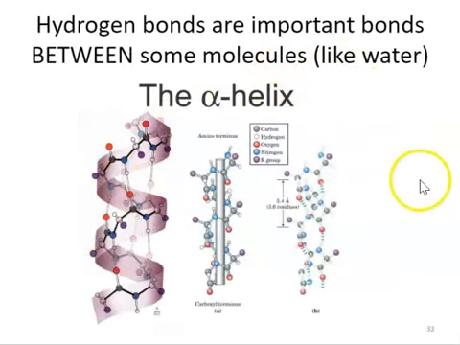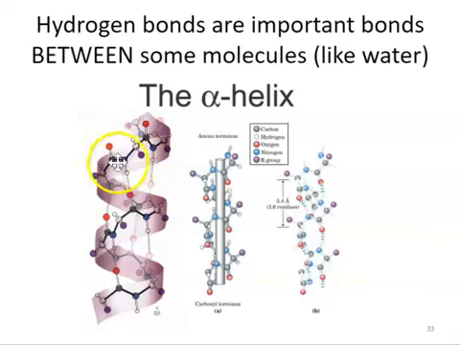Hydrogen bonds are important between some molecules like water, as we just saw, but they're also important within many molecules and many macromolecules. This little ribbon-like structure is a shape called an alpha helix, and this is a chain of amino acids, which is a peptide. And peptides, when they fold up, as this one is folding, become proteins.